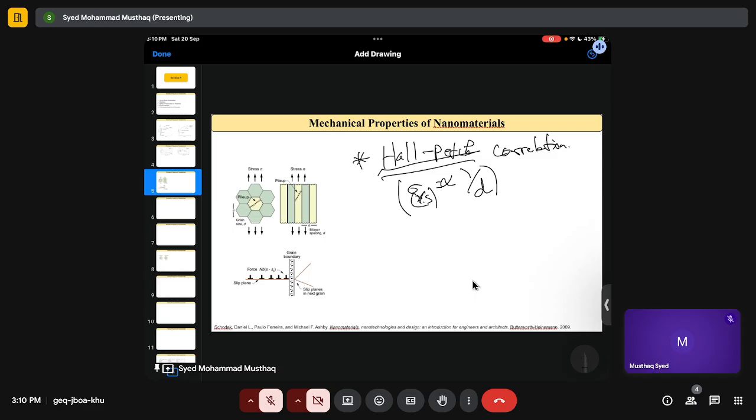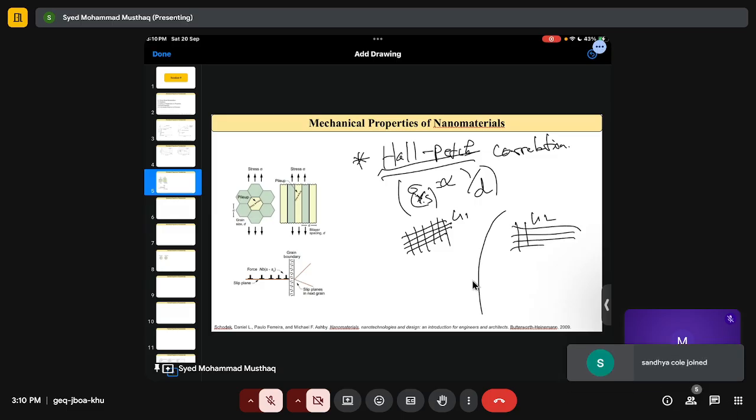So for example, this is my grain 1, this is my grain 2, and the atomic planes distribution is like this, and here the atomic planes distribution is flat. So you can see the angular rotation, right? This is the angular difference between these two planes.